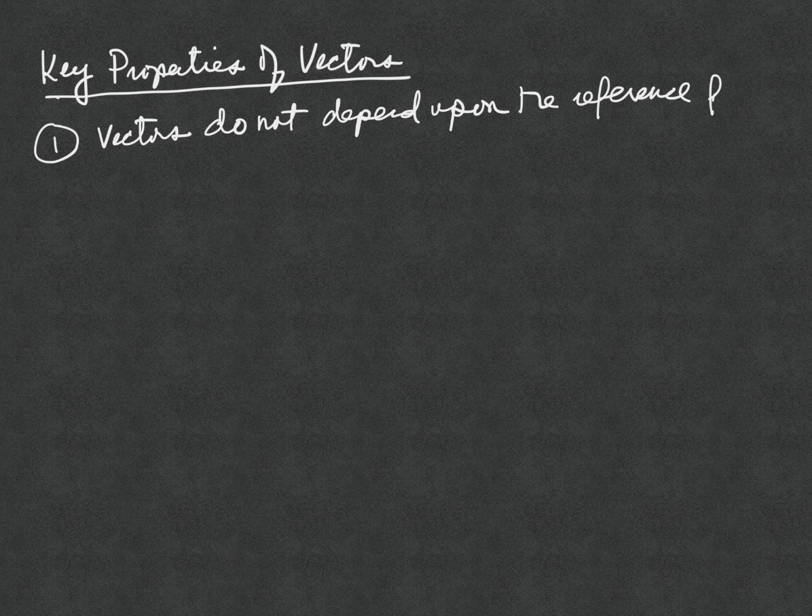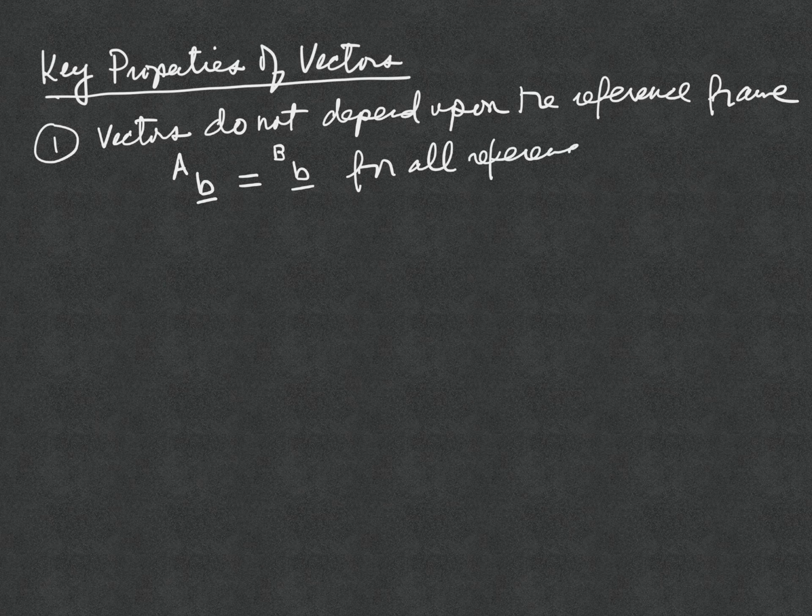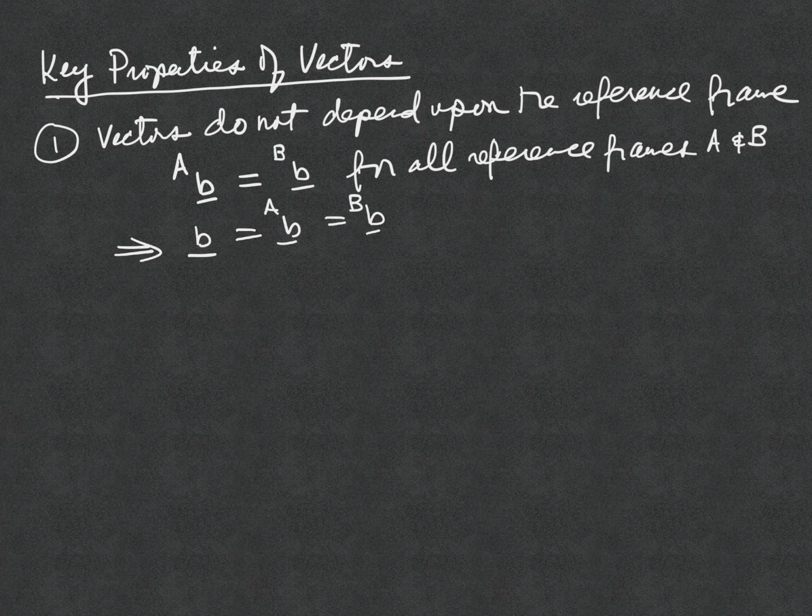What I mean is that if I say B in reference frame A, that's equal to B in reference frame B, for all reference frames, A and B. So that just means that we can drop the reference frame and just say B is equal to B in A is equal to B, and so we don't have to have a reference frame at all. So simply B is enough.